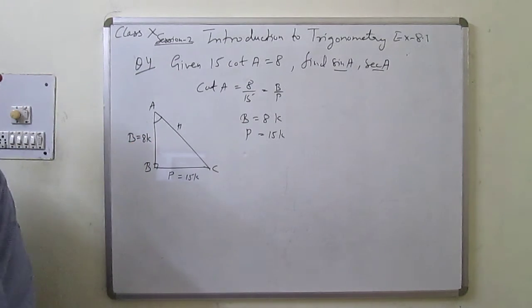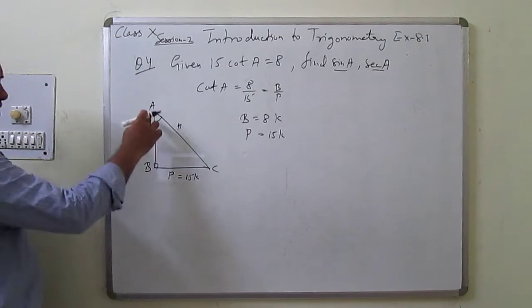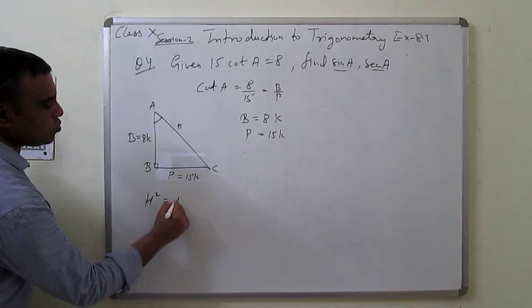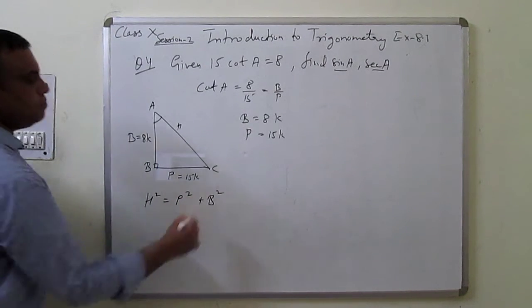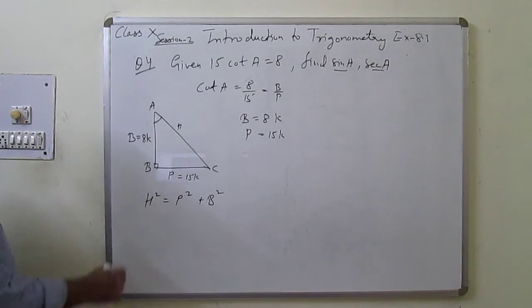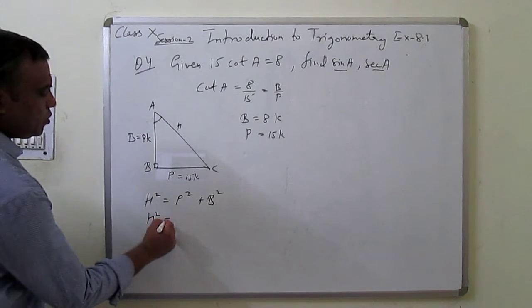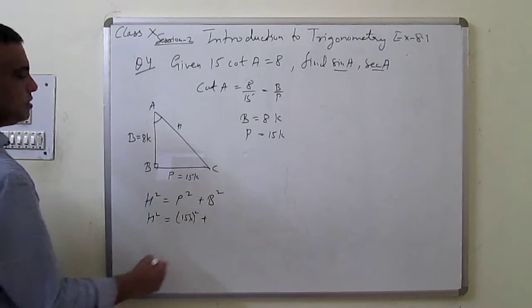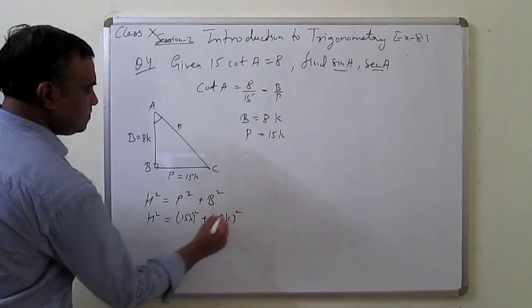Now we will calculate hypotenuse. So it is a right angle triangle. We can use Pythagoras theorem. H square is equal to P square plus B square. Now H square is equal to perpendicular का square 15k का square plus 8k का square.